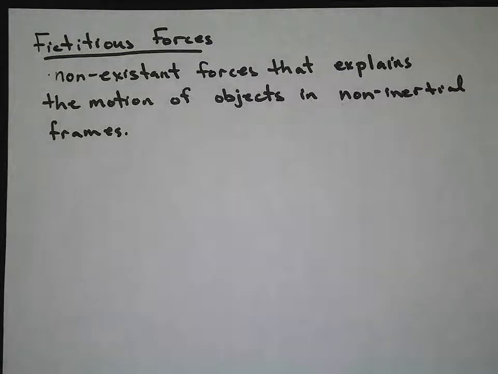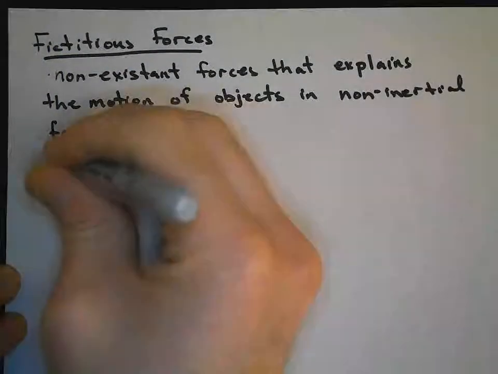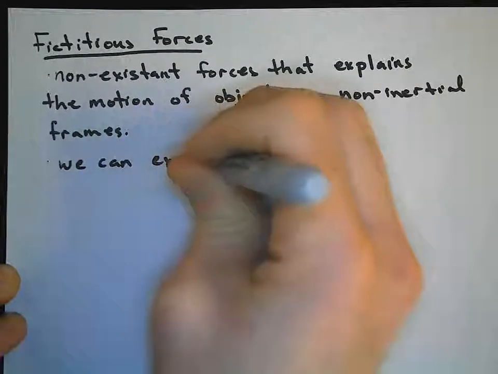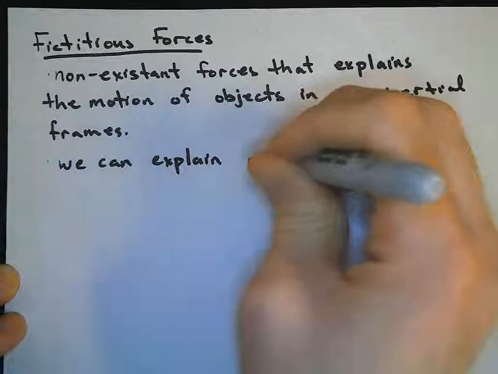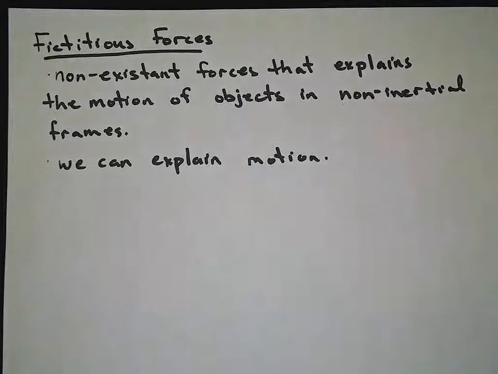Why do we have frames of reference? Frames of reference exist so that we can explain the motion. This is why we have our fictitious forces. And the fictitious forces help us to solve problems dealing with non-inertial frames.